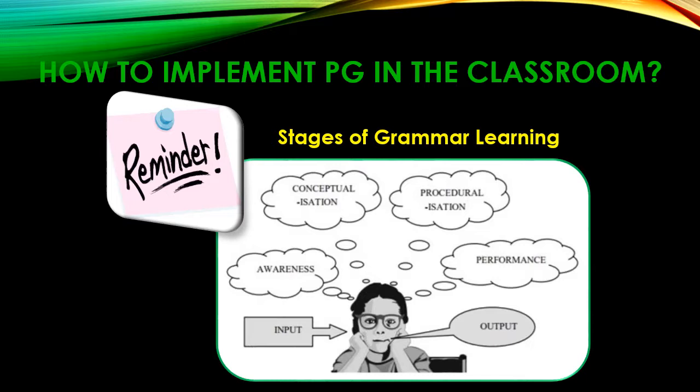Input and output are not part of these stages, but they both play an important role in the learning process, so let's define them. Input refers to the materials, including textbook and activities, provided by the teacher, and how the information is processed by learners using their existing knowledge and cognitive processes. On the contrary, output refers to what students say or write. In other words, it refers to the student's own production.